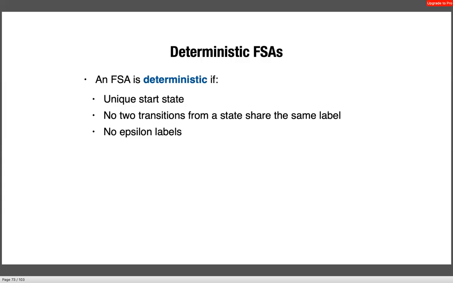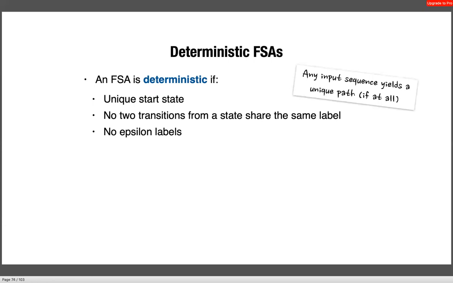There are no options. And lastly, there are no epsilon labels. Epsilon labels add to the number of choices you can make in your transitions, so there are strictly no epsilon labels in a deterministic machine.